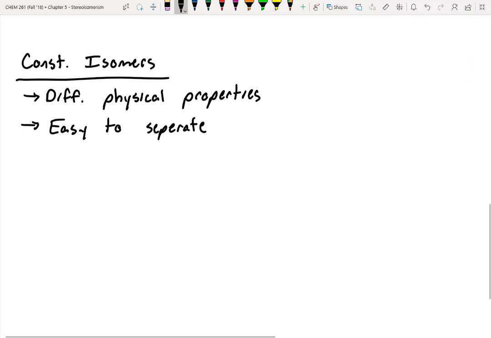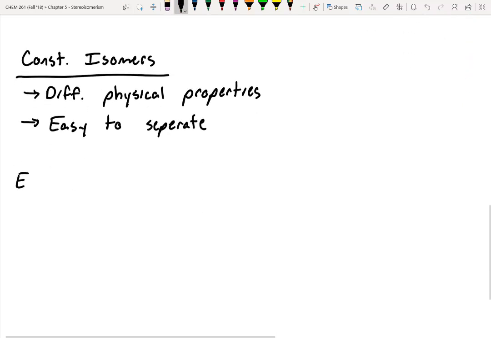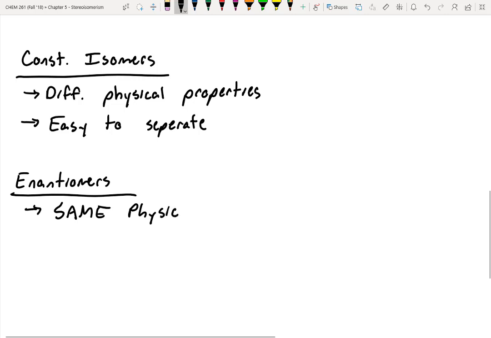All right, this is a bit different than enantiomers. Enantiomers have the same physical properties, they are hard to separate. I should say hard to purify.